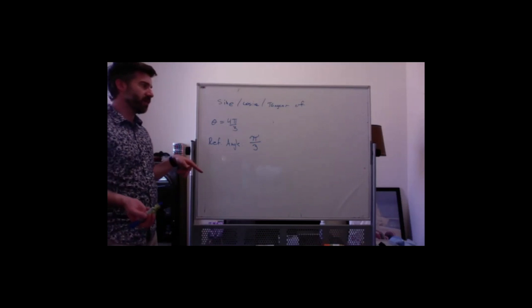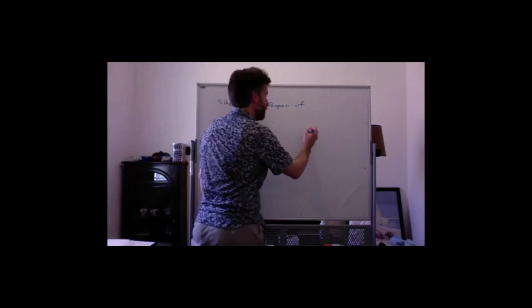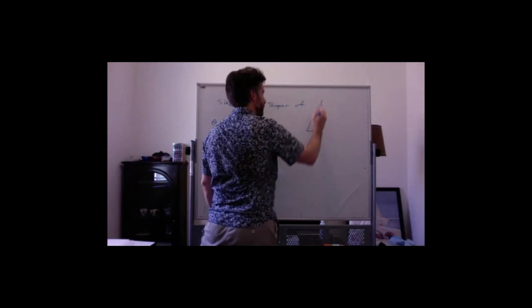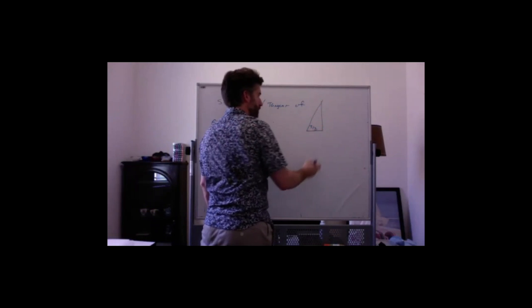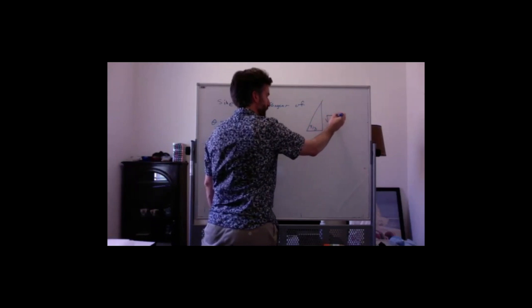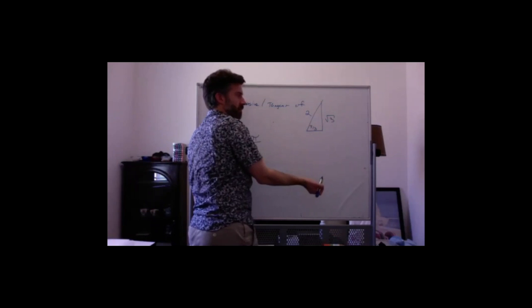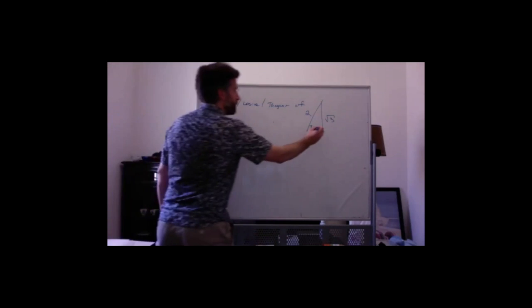Reference angle is pi over 3. If I need to, I can draw the triangle for that. Here's the triangle for pi over 3. Pi over 3 is the medium-sized angle, so the medium-sized side goes opposite of it. The hypotenuse is the largest side of 2, and the small side is 1.